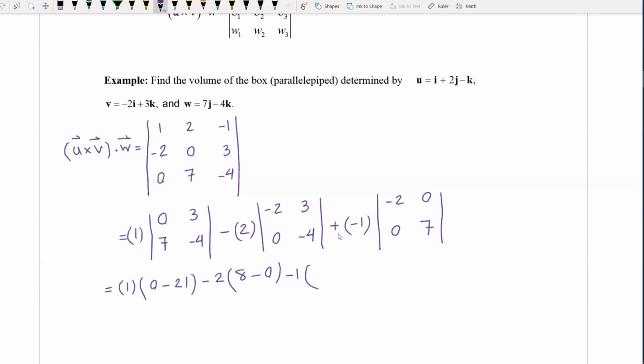Here we have negative 2 times 7, negative 14, and minus 0 times 0. So simplify, this is equal to 1 times negative 21, it is negative 21. Then we have negative 2 times 8. Then we have negative 1 times negative 14.